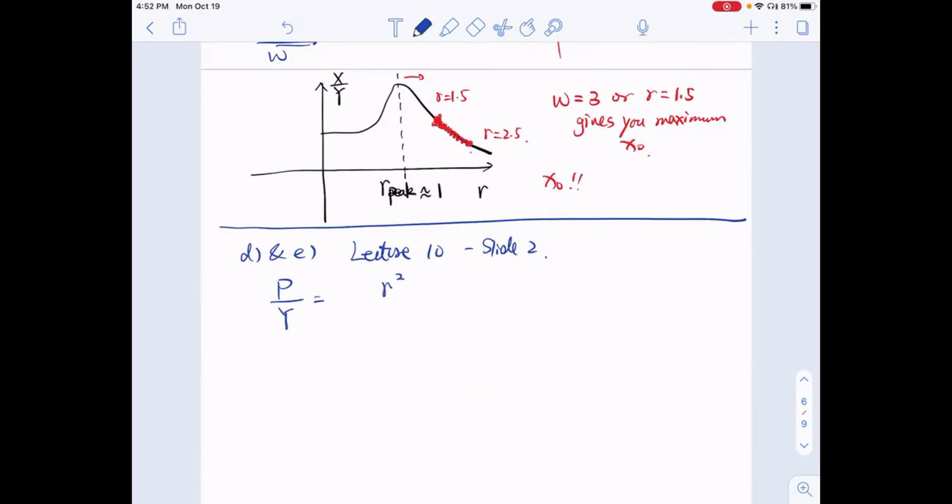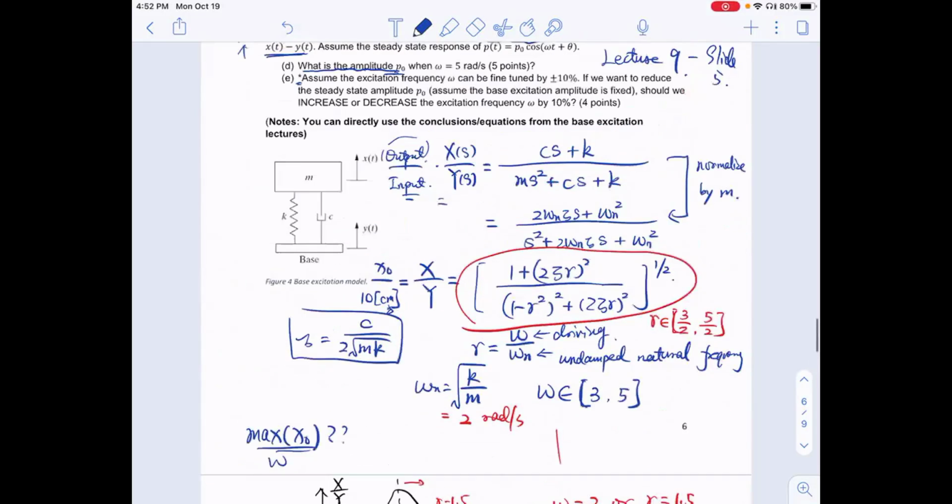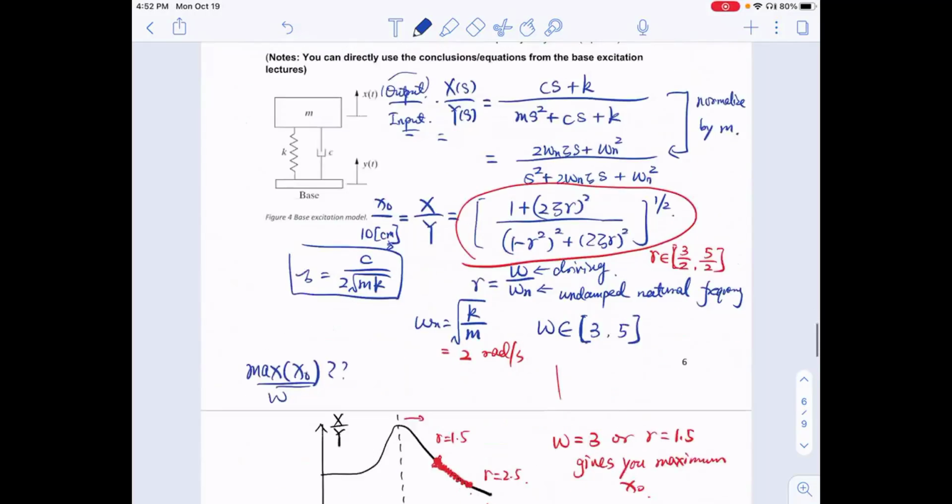So the amplitude is R squared divided by the square root of the denominator. As we know, it's the ratio of your amplitude. So the output amplitude is P naught, the input amplitude is 10 centimeters, all right?